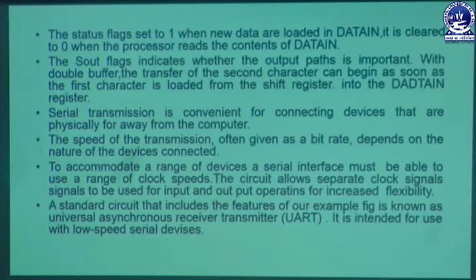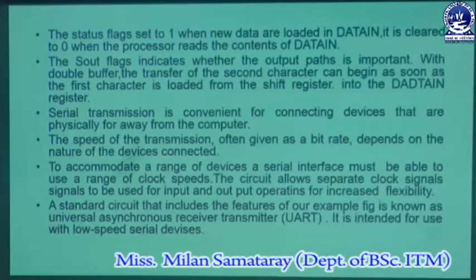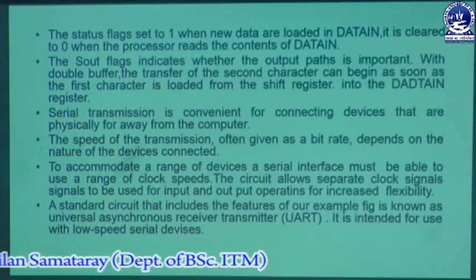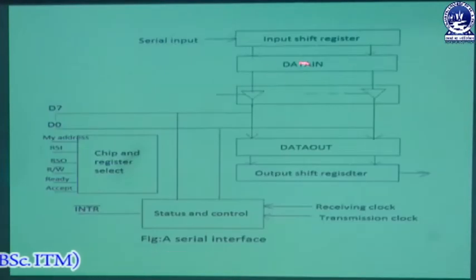So the S in flag will be set to 1 when new data is loaded in data in. If data is present in this data in register, the S in bit is set to 1, and if that data is read by the processor, then the S in bit will be set to 0.